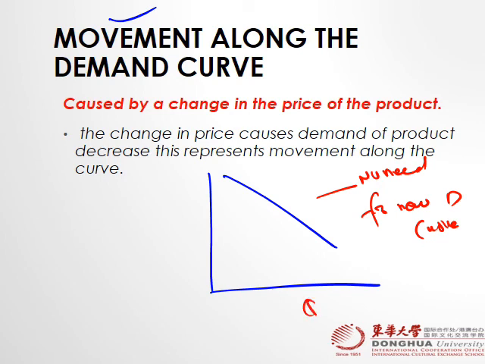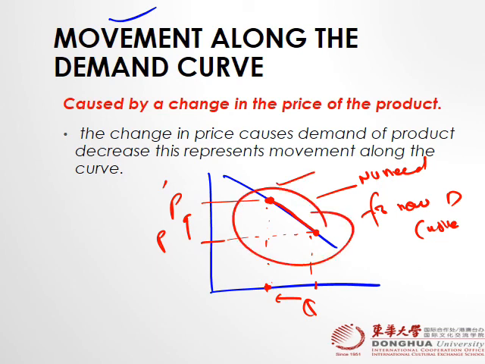If there is a change in quantity demanded and the reason is just price, the price increases, quantity decreases, right? Then we don't have to make a new curve, and we call this phenomenon movement along the curve.